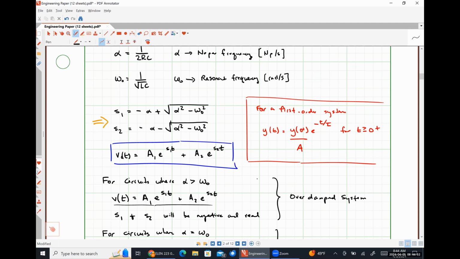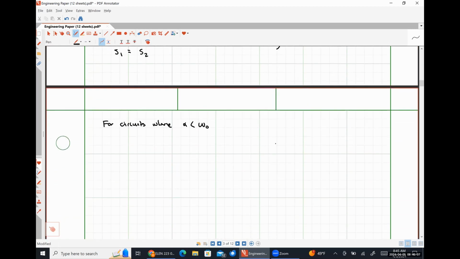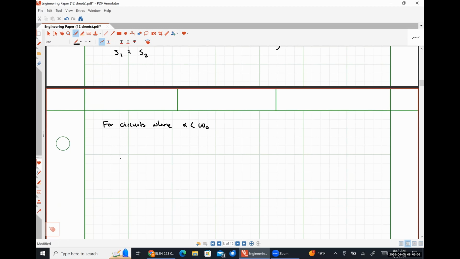What do we call that? They're complex conjugates. You guys remember what a complex conjugate is? So we can say that S1 is the complex conjugate of S2 or vice versa.